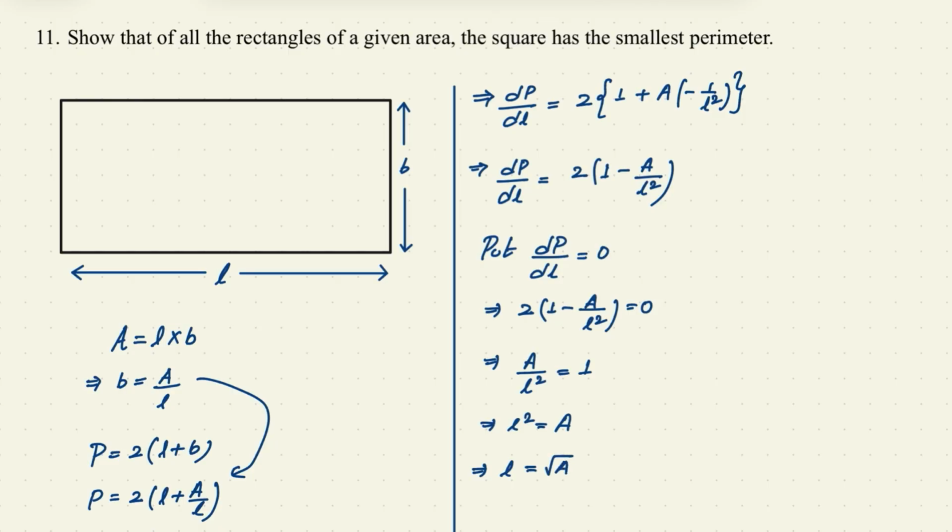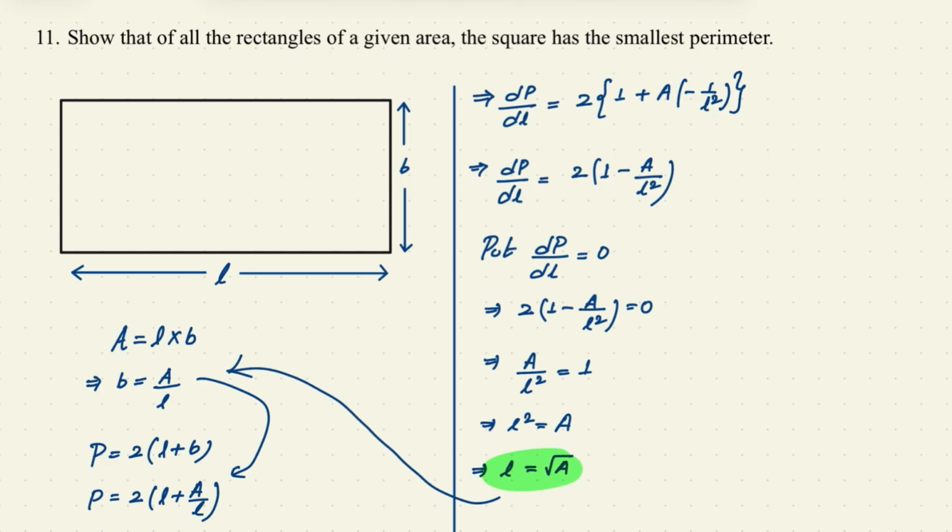So that means if the perimeter of this rectangle should be small, then the length should be square root of A. Now let us try to find the breadth of the rectangle by putting this value in this equation.